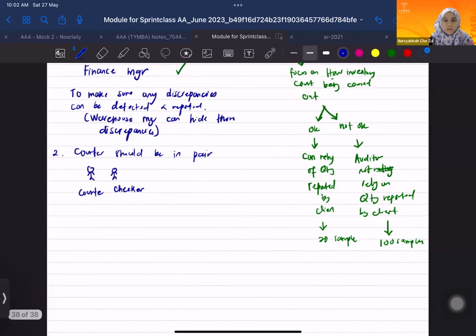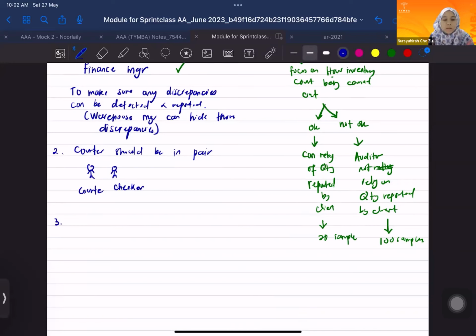I think you can imagine why, because of any issues. The first person counts and the second person counts again to check the first counting. If both of them are counters, meaning the first person covers this area and the second person covers that area, there will be no checking during the inventory count. So we could have a lot of counters in pairs, not only two.